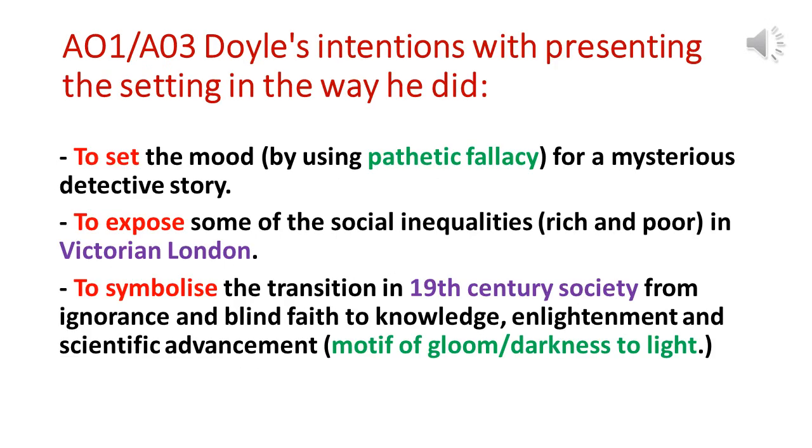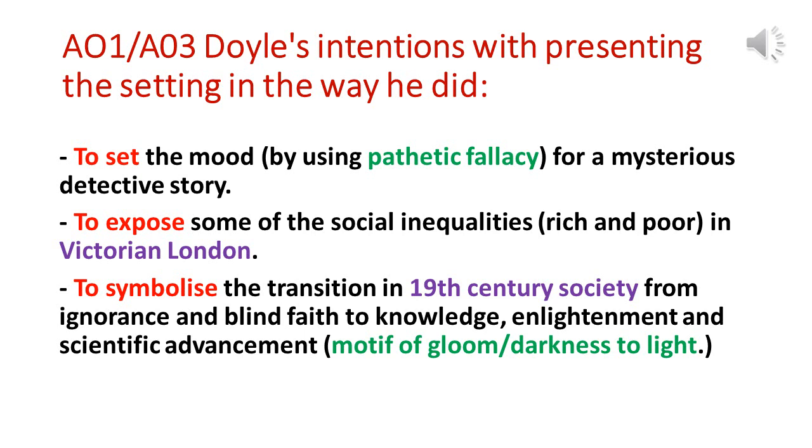It's always very important to consider what the writer's intentions might have been. So remember to use your tentative language here, so possibly Doyle might have intended, and so on. Some of the ideas that I've put forward: perhaps by presenting the setting in the way he did, he wanted to set the mood for a mysterious detective story, using pathetic fallacy and the motif of fog and gloom.